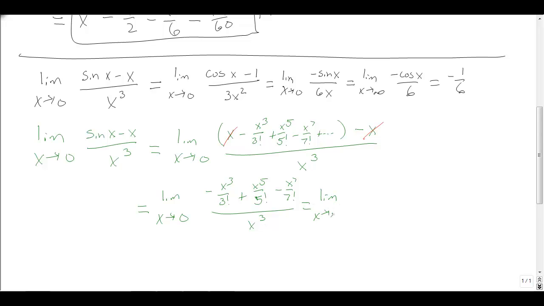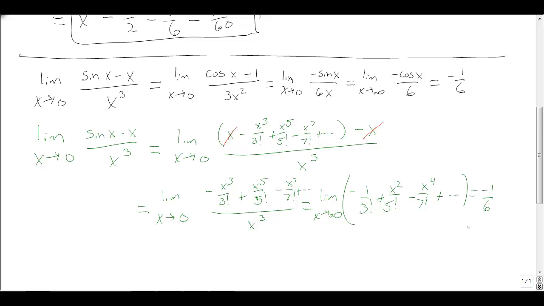And this gives us a limit as x goes to 0 of negative 1 over 3 factorial plus x squared over 5 factorial, since x to the 5th over x cubed is x squared, minus x to the 4th over 7 factorial plus some stuff. Well, the 1 over 3 factorial is going to be 1 over 6. Actually, it's a negative. I wrote it in a way that's hard to see. So I get a negative 1/6. Still negative 1/6. The rest of these terms are all going to be 0.